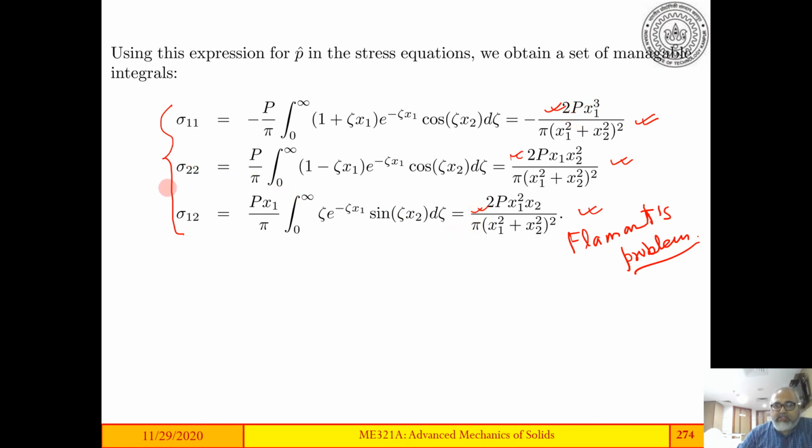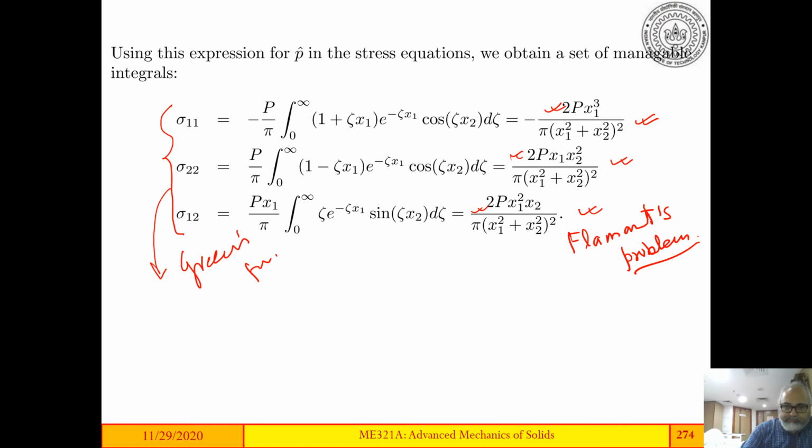These solutions are called the Green's function for the stresses, and these Green's functions are functions that can generate other solutions to the stress problem.